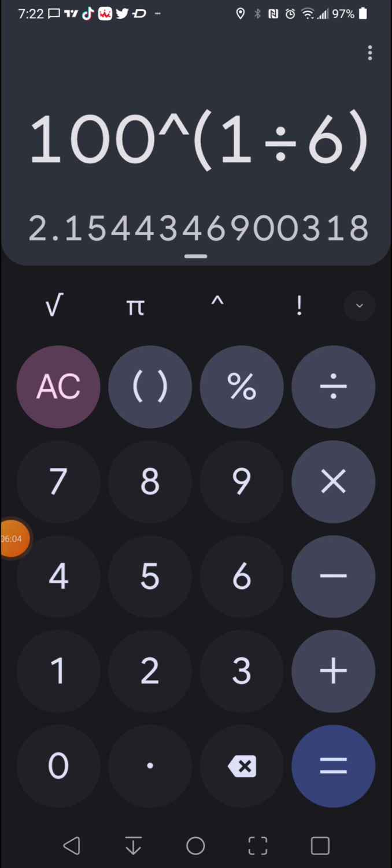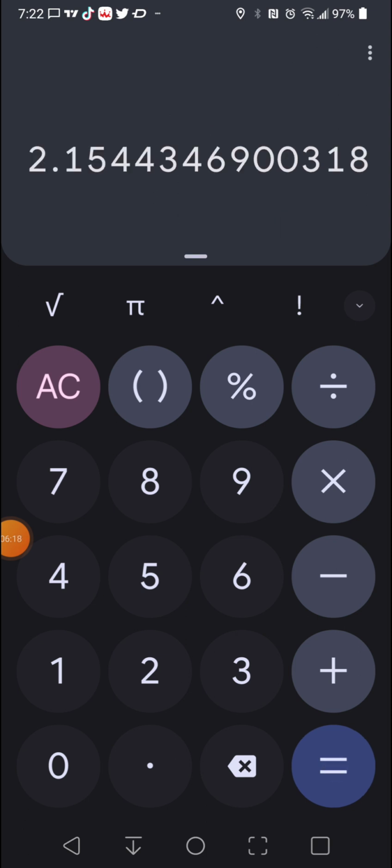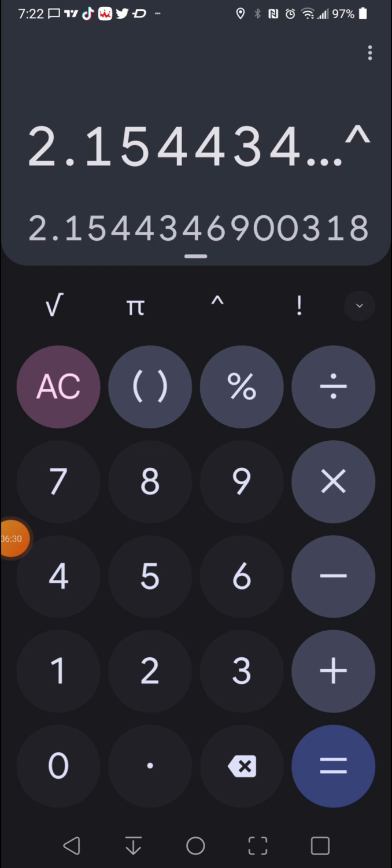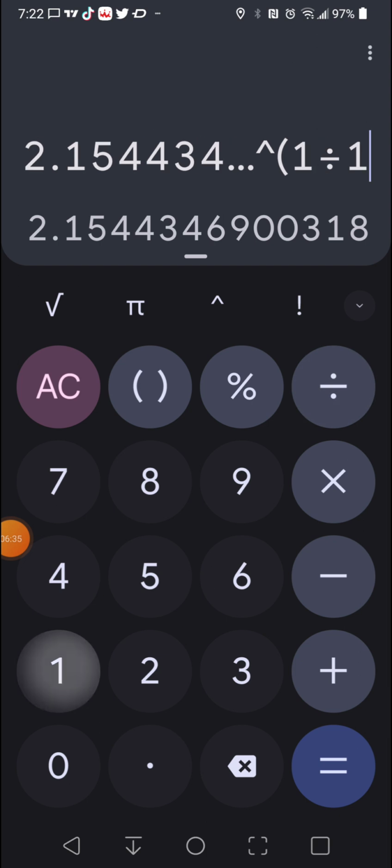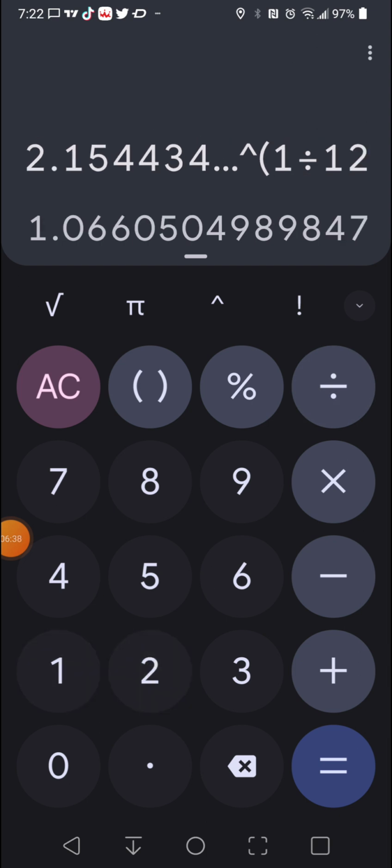Done? Okay, so you want to 100x your account in 6 years. You have to 2.15x it every year. So let's press the equal sign. You can go back if you don't remember what it was. Okay, so you want to do this much every year. So if you want to do this much every year, how much you have to do every month? You use this symbol, open parenthesis, 1 divided by 12, because the year has 12 months.